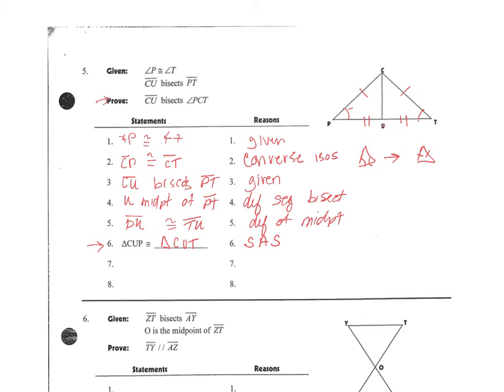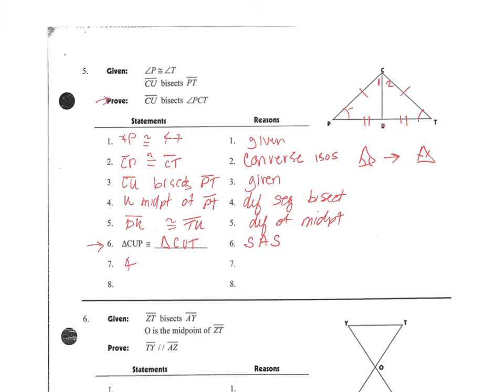Now, our goal was to be able to say that segment CU is a bisector of that larger angle PCT. So to be able to do that, we needed these triangles congruent so that we can then say that this angle here and this angle here are congruent.